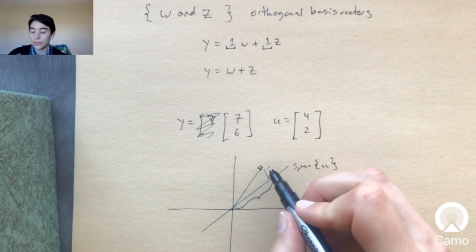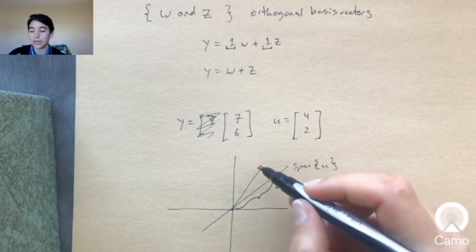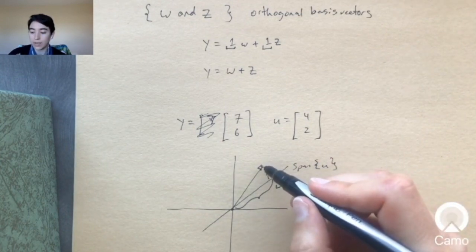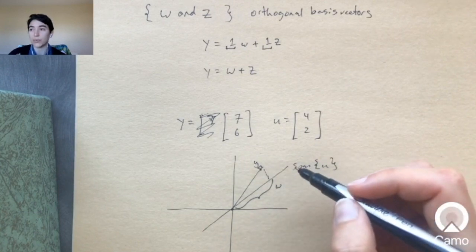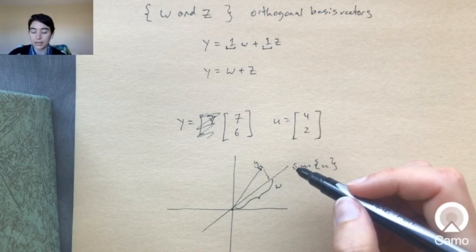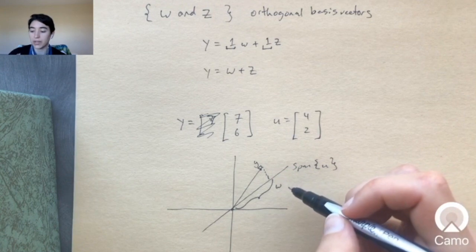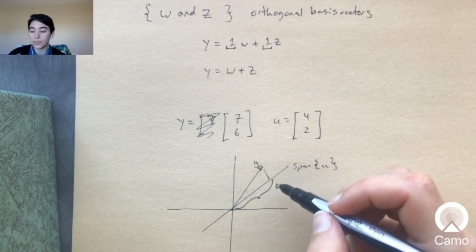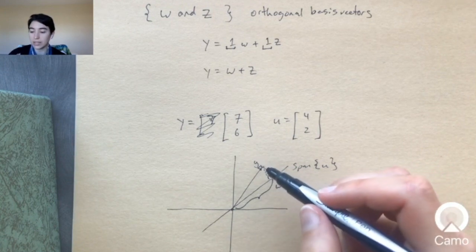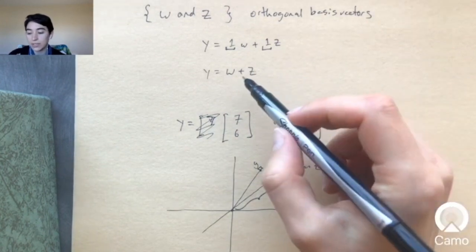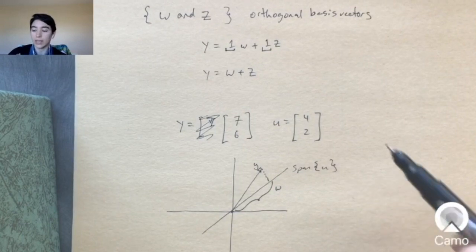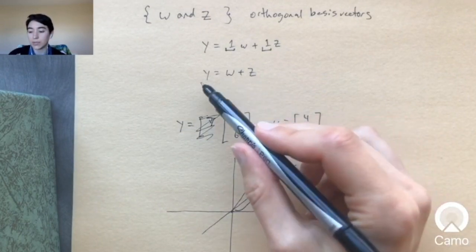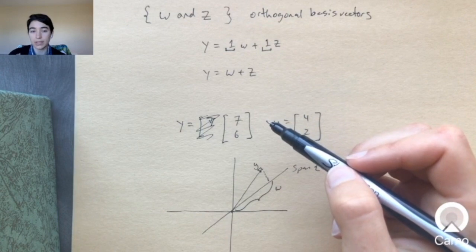So when we say projection, that's the same thing as saying I want to know the shadow of y onto the span of u. Or another way of saying that is I want to know how much of u it takes to build the u element of y. So all these are just different ways of saying I want to find w. And when I add z to w, I can get y.